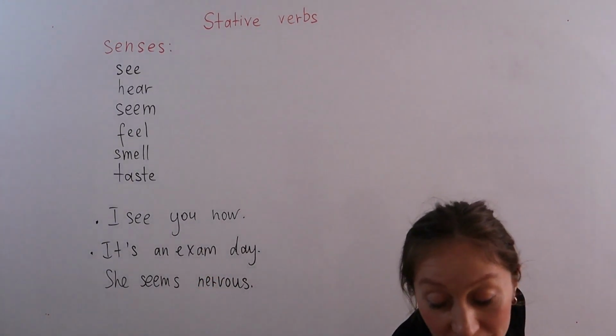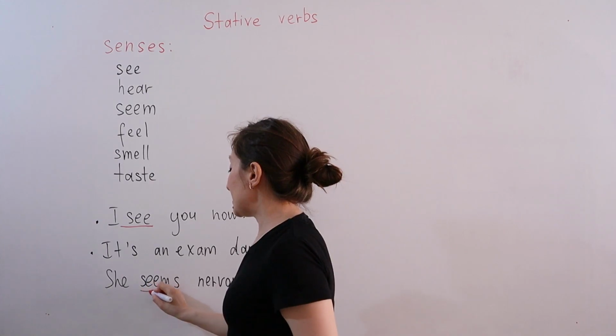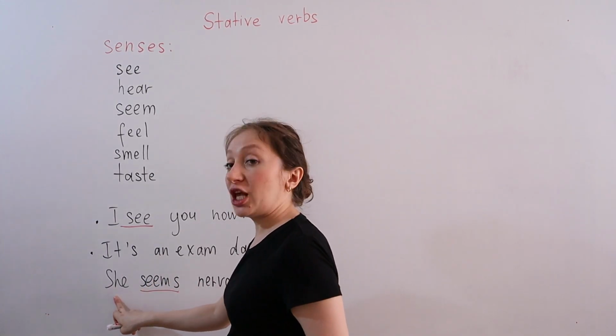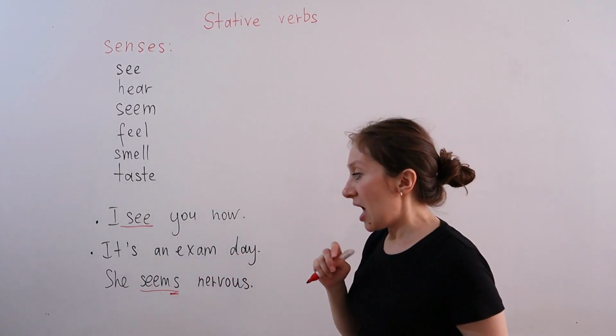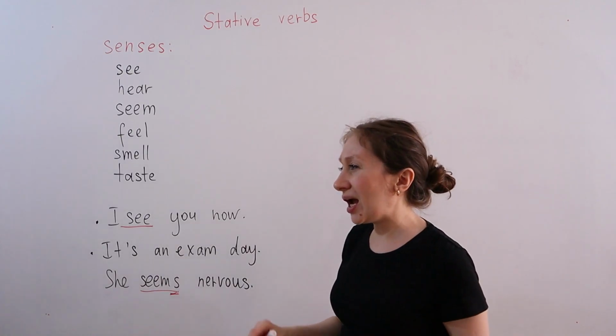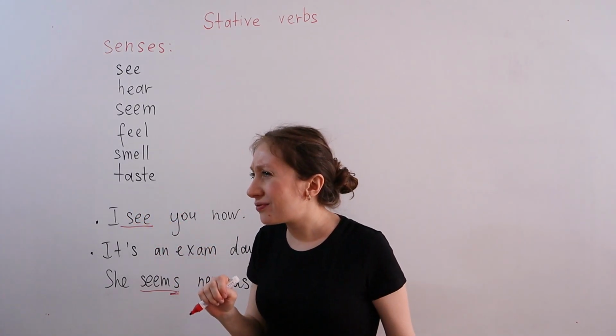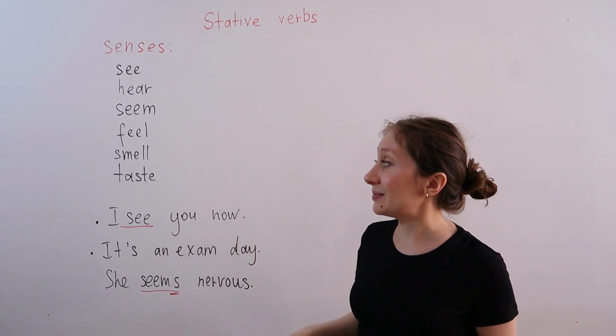She seems nervous. Here we use seem, with s at the end because it's he, she, it. Present simple. I seem nervous. He seems nervous. Right? It's like she looks nervous. It's about senses.